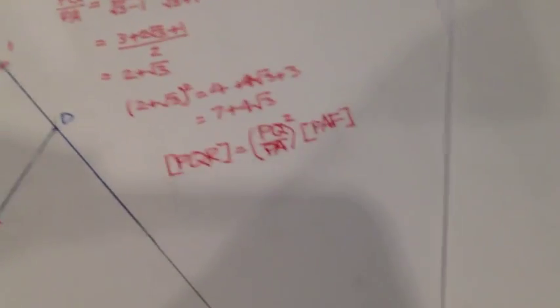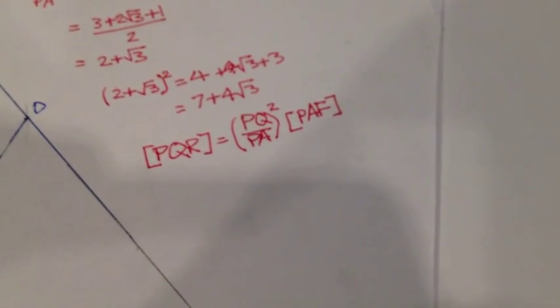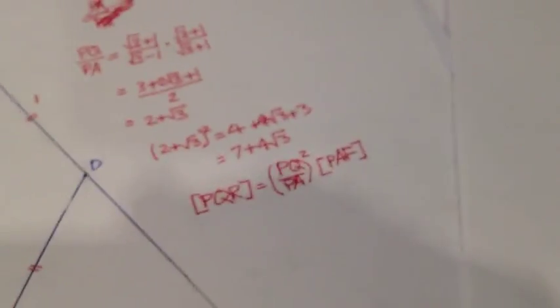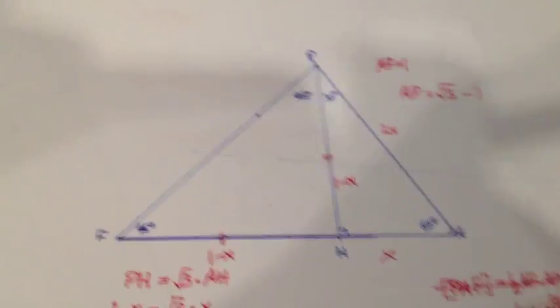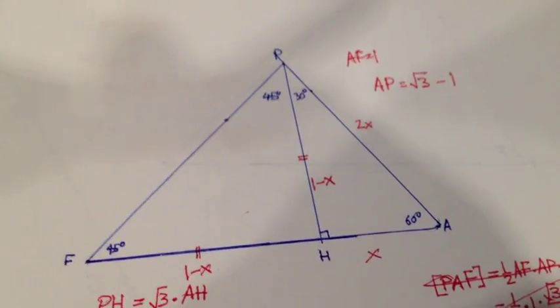This follows the similar figures theorem. So we have one component of this equation, we're just missing the other one, and that is the area of PAF. So let's go back to the other triangle. Here we're back at triangle PAF because we want to calculate the area of it.